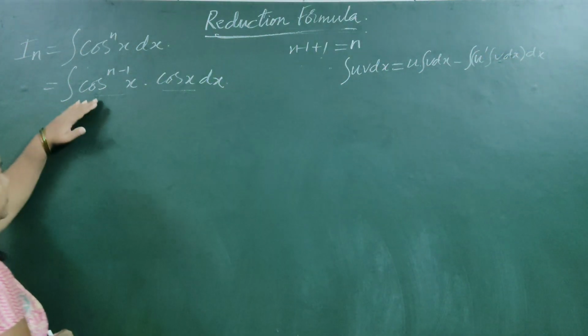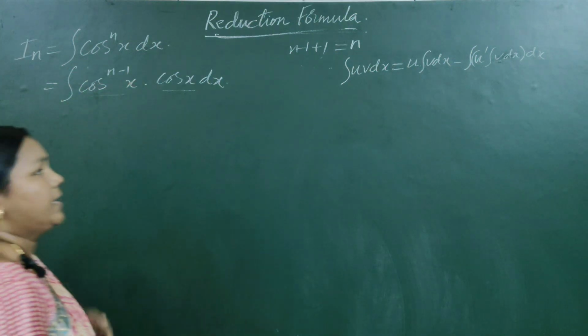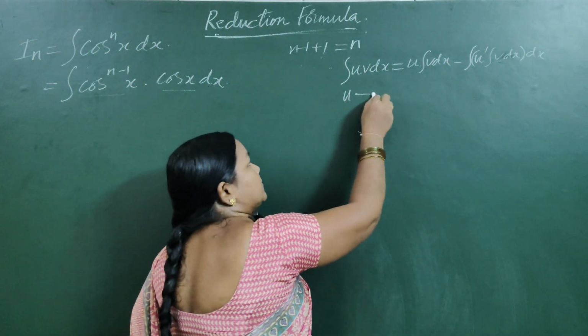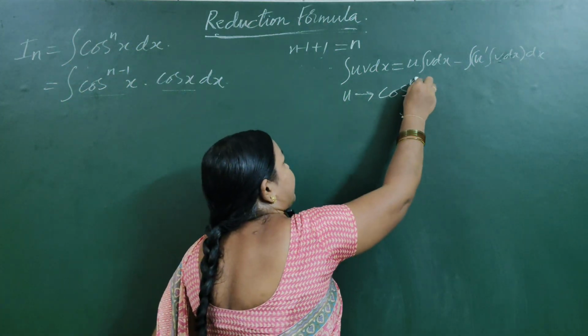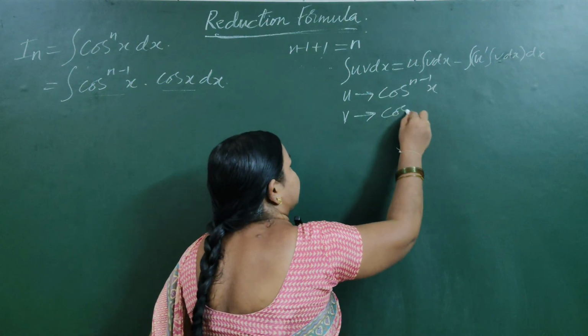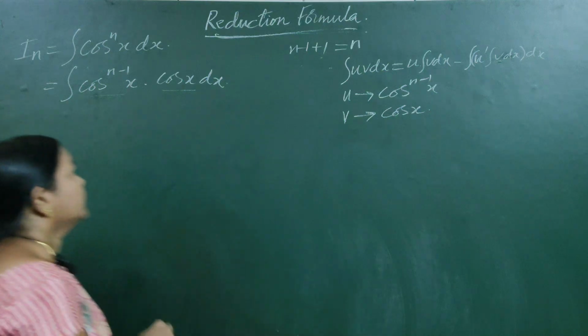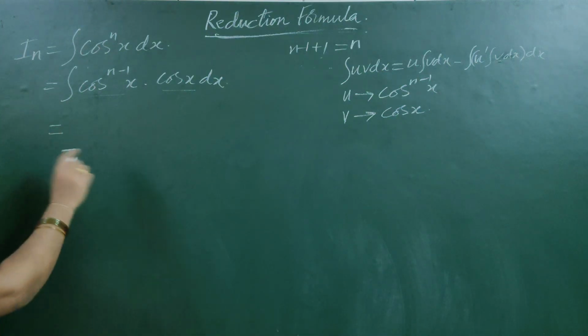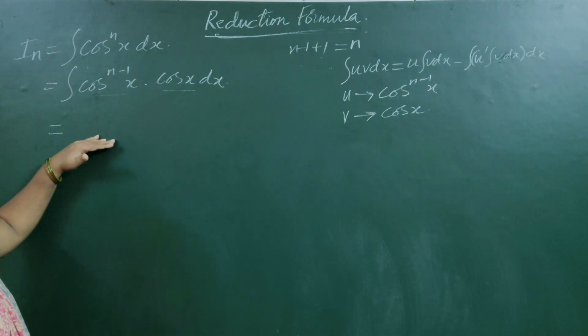Here the value of u is cos to the power of n minus 1x and v value is cos x. By using that formula we can solve the given question.